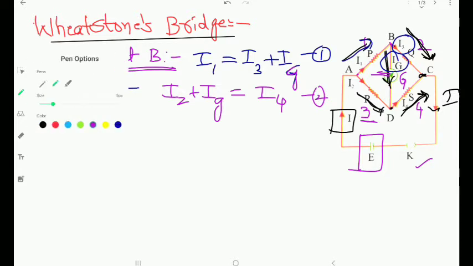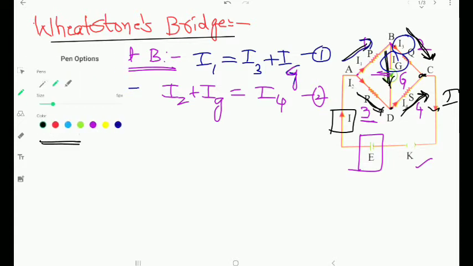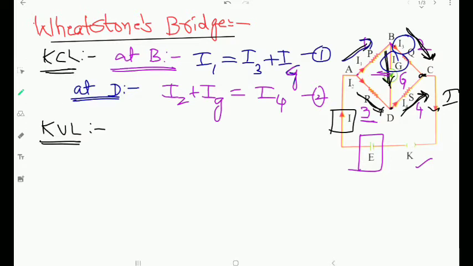Now applying the Kirchhoff voltage law, the second law, or loop law. Kirchhoff voltage law for the first loop, A, B, D, A. Let me write the potential differences, then we can apply the sign conventions.